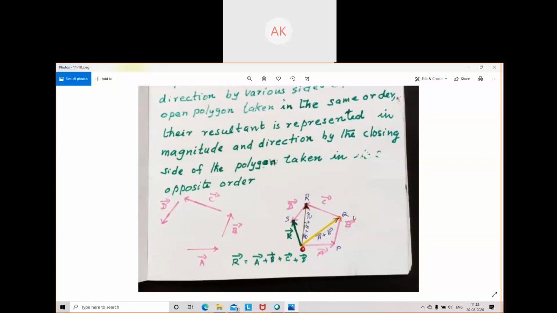This vector C and this vector C must be parallel. So we have represented C also with the same magnitude, same direction, and in the same order.